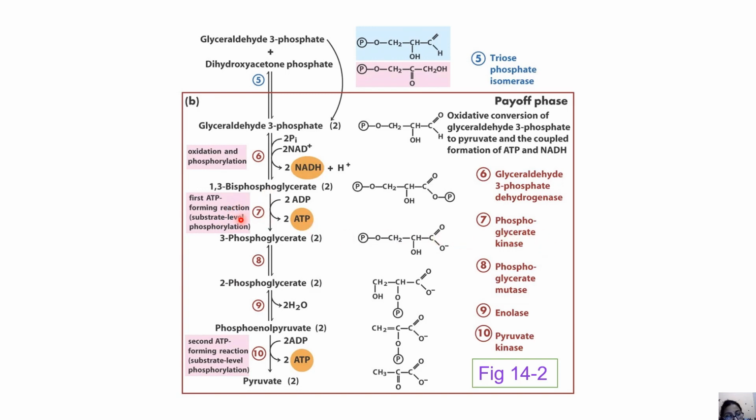Then 3-phosphoglycerate is converted to 2-phosphoglycerate by phosphoglycerate mutase. Then 2-phosphoglycerate is converted to phosphoenolpyruvate by enolase. And then phosphoenolpyruvate gets converted to pyruvate by pyruvate kinase, and the reaction is the second ATP forming reaction, substrate level phosphorylation.